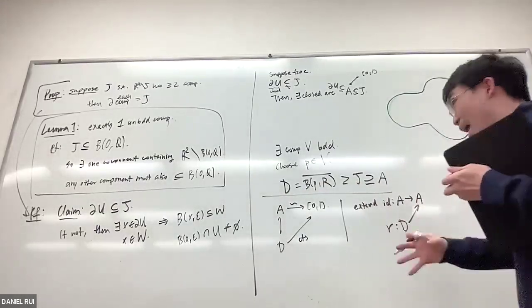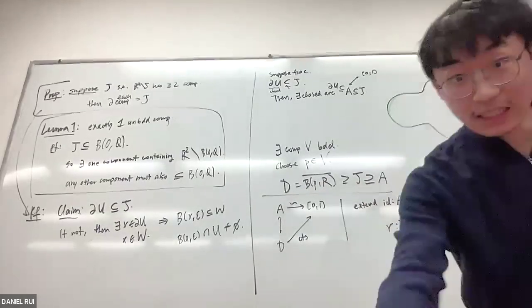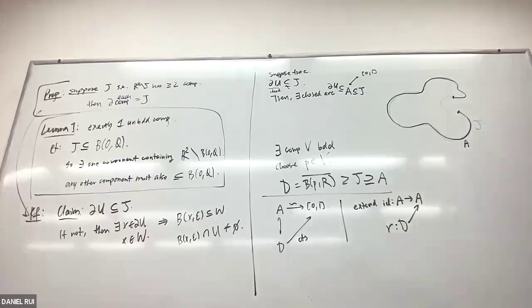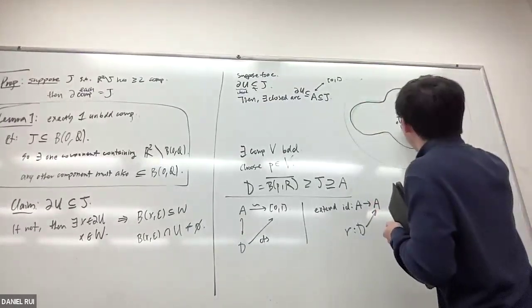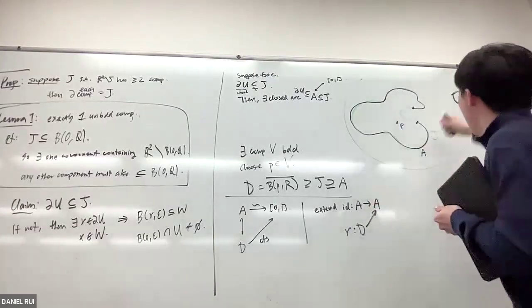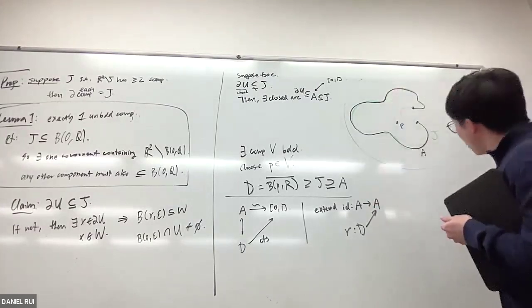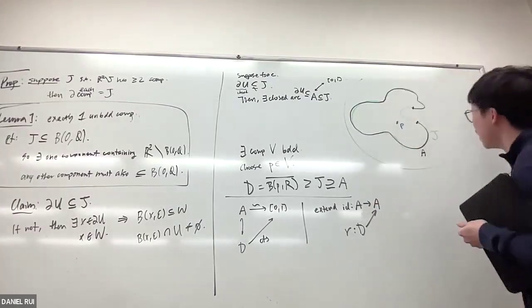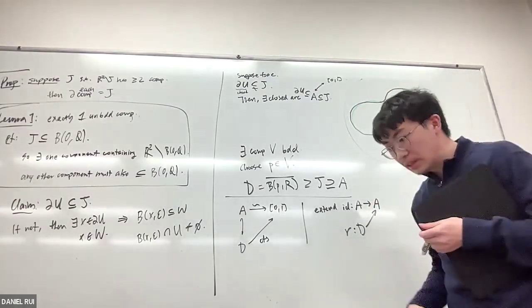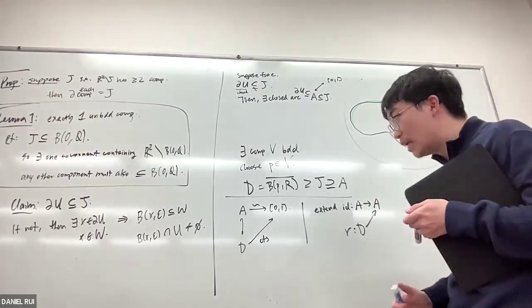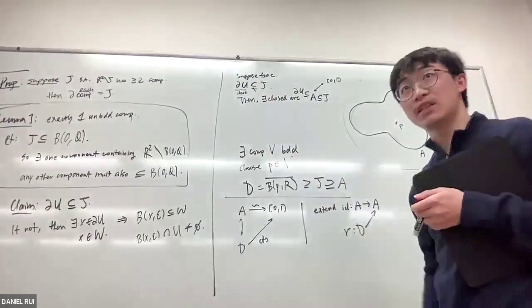So you can imagine that I have A. This is contained within this big D. And Tietze is allowing me to retract this entire disk to A. Think about this as sort of the opposite of what the Brouwer no ripping theorem is telling us.